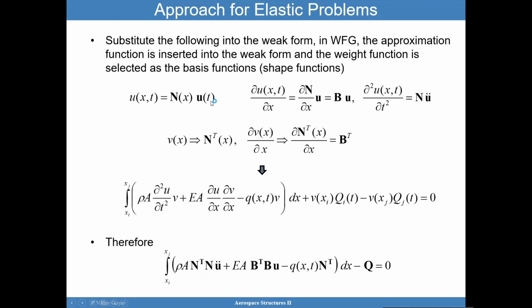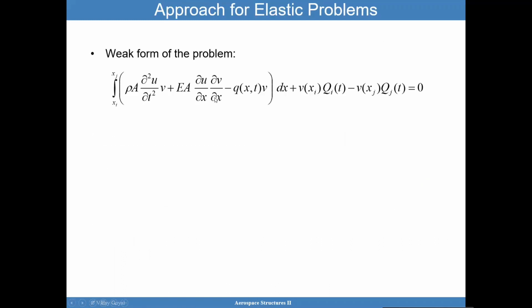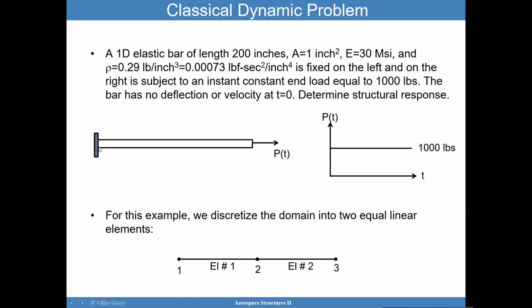I don't know the nodal deflections. So what are we talking about here? We're talking about this continuous system here. I've discretized it into two elements. And so the only unknowns are the unknowns at nodes 1, 2, and 3. And if I know the node values at 2 and 3, then I know how the deflection varies along the elements.